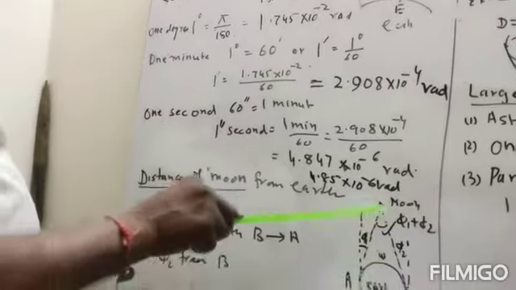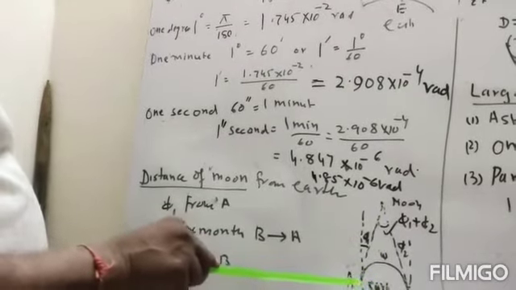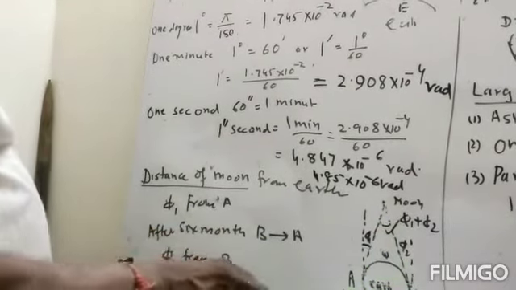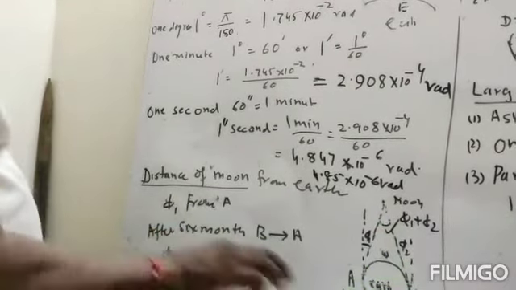So we can find this distance as arc over radius. Theta will be equal to arc, that is the diameter of the earth, divided by the radius, which is the distance d. So we can find the distance d will be equal to capital D divided by theta.